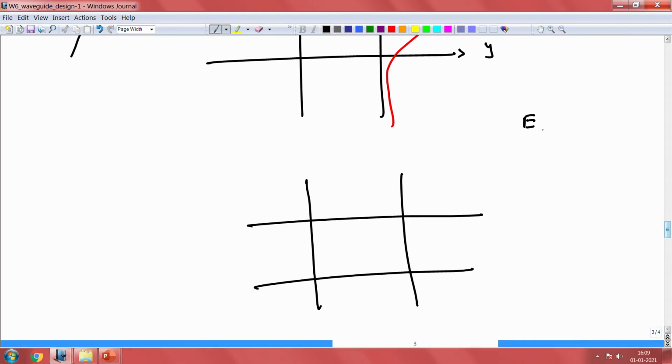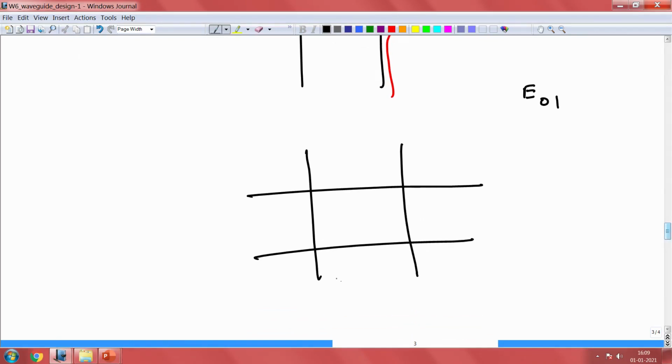Let us make it 0 1, okay, because 1 2 is going to be a little crazy drawing it here. So, 0 1. So, along again let us put the directions here. This is y and this is x. So, along x direction you have 0 nodes, right. So, that means your field will be like this.